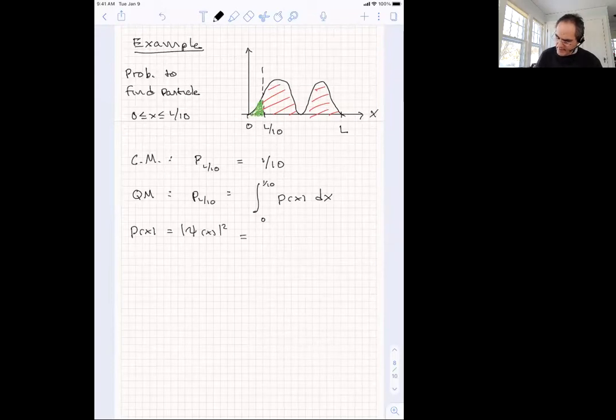And so this is the absolute value squared of our wave function, which we've just found can be written as square root of 2 over L times sine of n pi x over L. Okay? So finally, our goal is to do this integral.